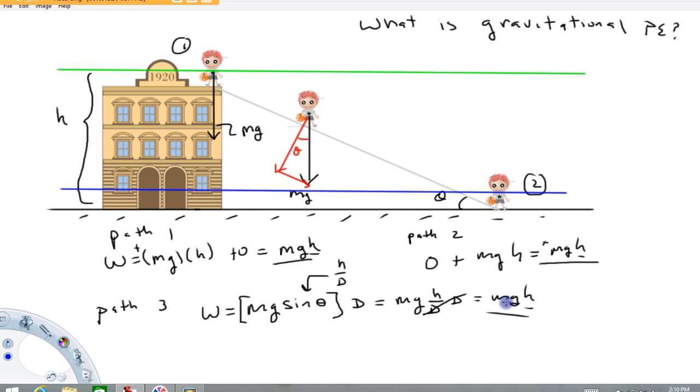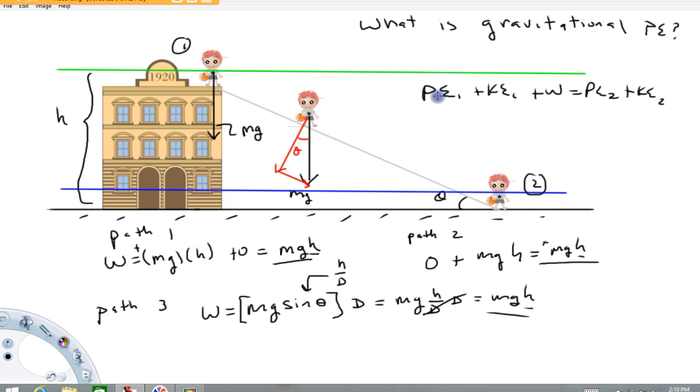That's why we can define that as a potential energy. So in this example, if I wrote out the work energy theorem, PE1 plus KE1 plus work equals PE2 plus KE2.